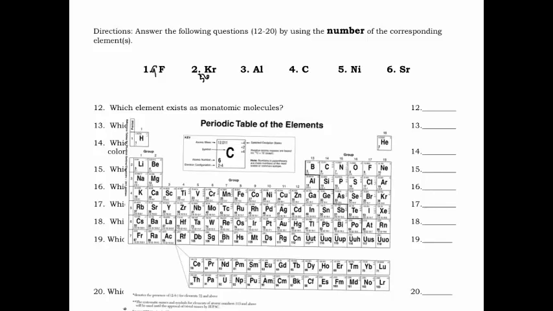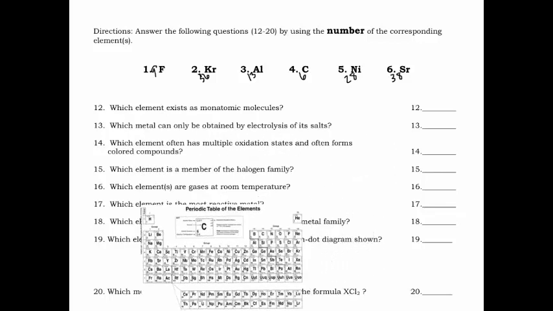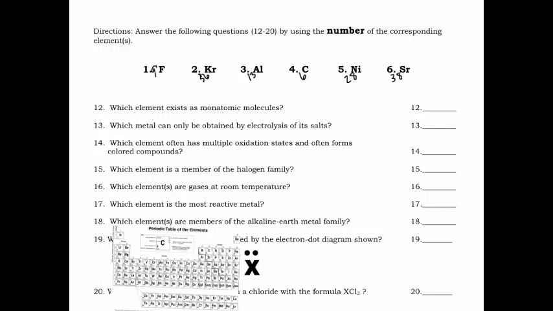Element Al is element 13. Carbon, element 6. Nickel is element 28. And strontium is element 38. The more you look these up yourself, the more you'll get familiar with the table and you'll be able to do it quicker.